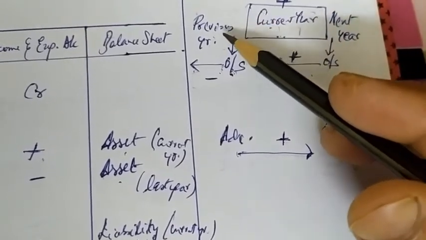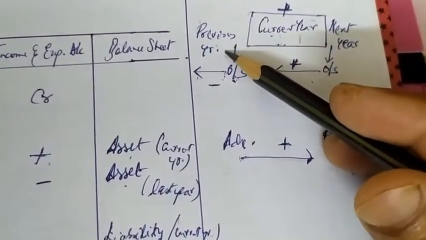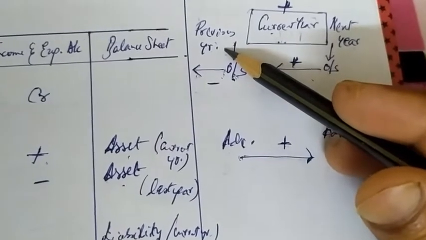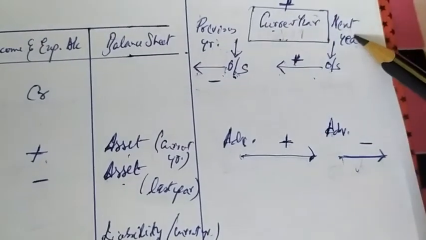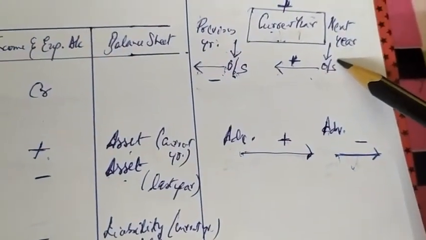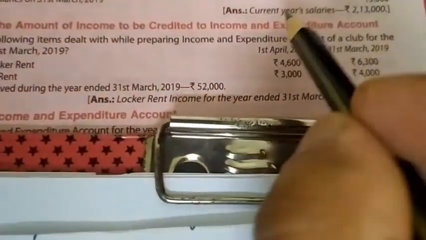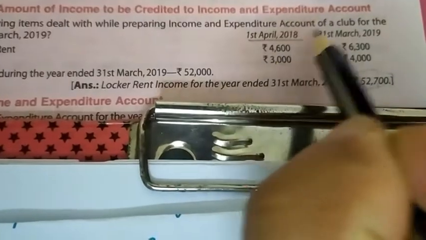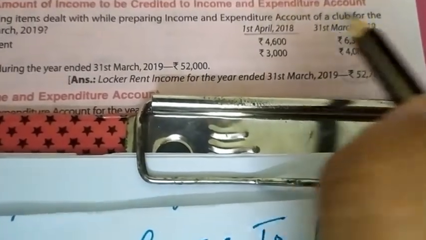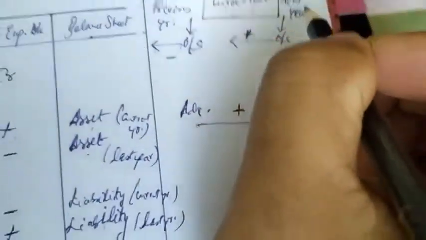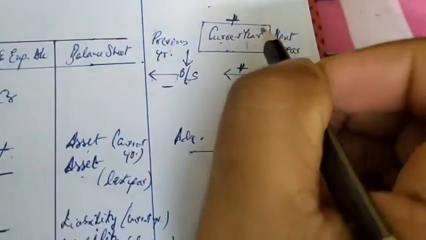Previous year will be the opening date of the accounting period, and next year the closing date. For this question you are given two dates, 1st of April 2018 and 31st March 2019. So these dates we are going to consider for previous year and the next year respectively.